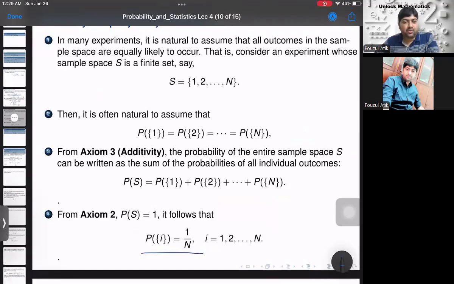Now, probabilities of equally likely outcomes are there, and in this case, what will be the probability of some event?